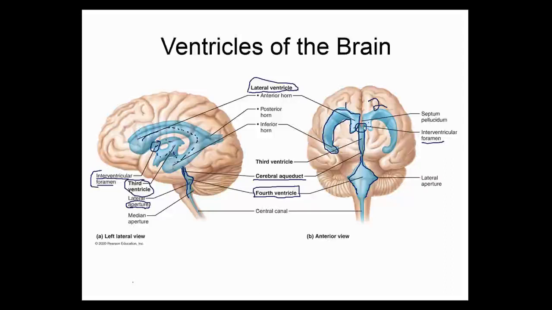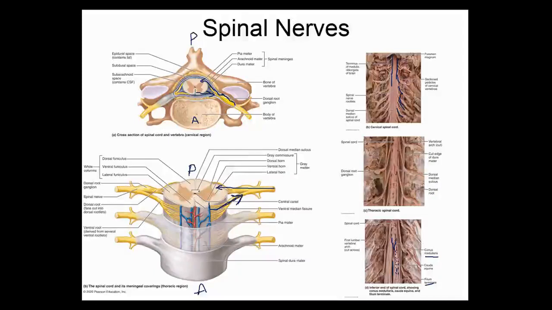The last thing here is the central canal, and so the central canal basically just extends from the fourth ventricle and travels all the way down through the middle of the spinal cord. So we go back, we actually see it here. There's a little hole right in the middle of the spinal cord, which is the central canal, and that little gap runs all the way through and is filled with cerebrospinal fluid.